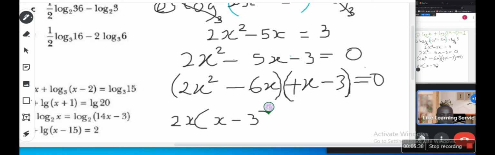Yeah, close the bracket. Plus what? Excellent. Plus 1. Open the bracket. X minus 3. Beautiful.